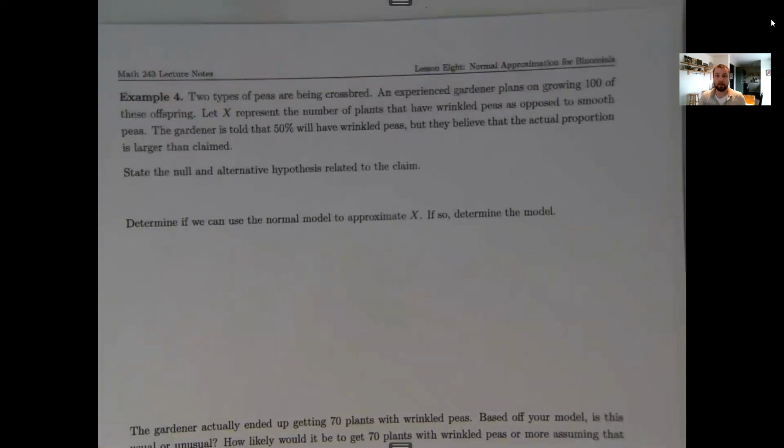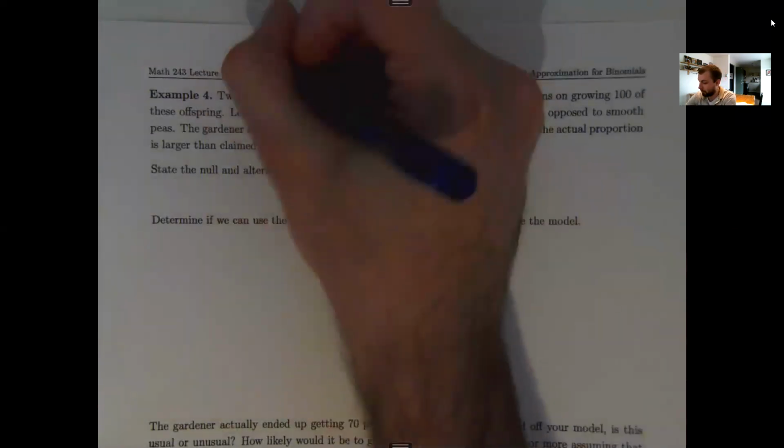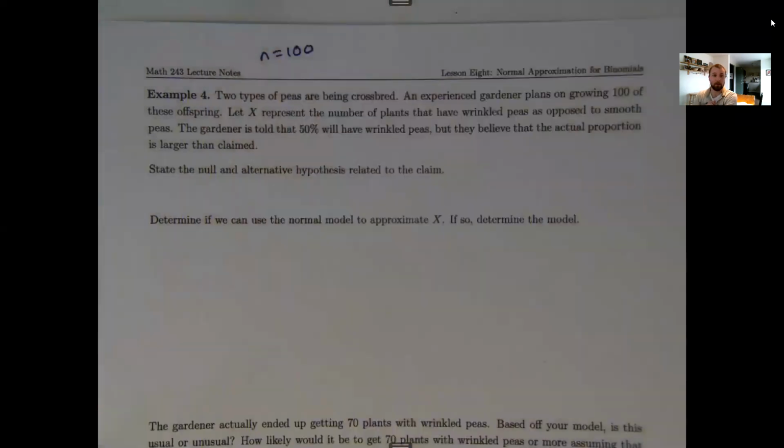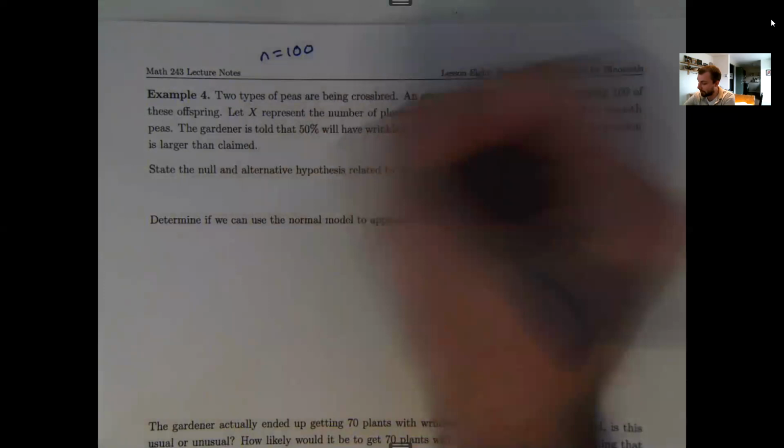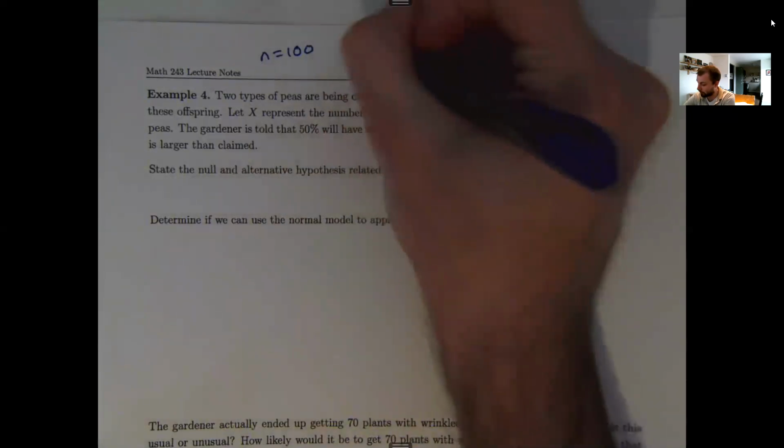Two types of peas are being crossbred. And suppose that we're looking at 100 of the offspring that are being made here. And X represents the number of plants that have wrinkled peas as opposed to smooth peas. And let's suppose that we're told that 50% should be wrinkled.